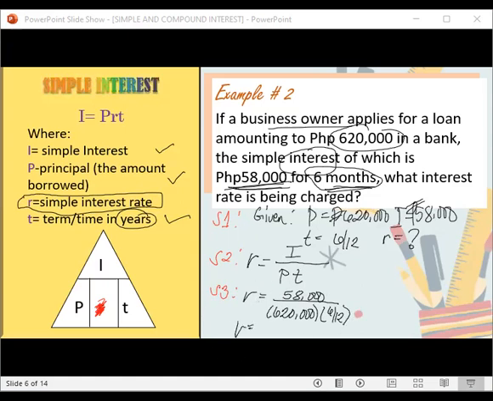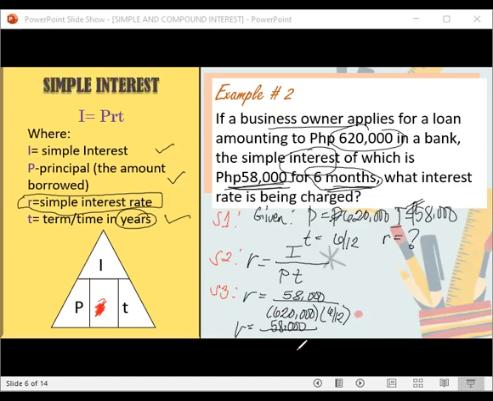So, dahil we are going to use the GEMDAS, unahin natin yung nasa denominator, 620,000 multiply to 6/12. So, copy lang ulit natin yung 58,000. So, 620,000 times 6/12. What is the answer?